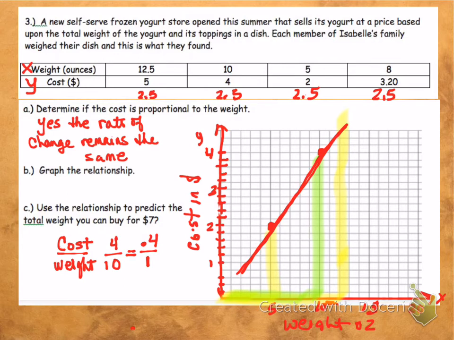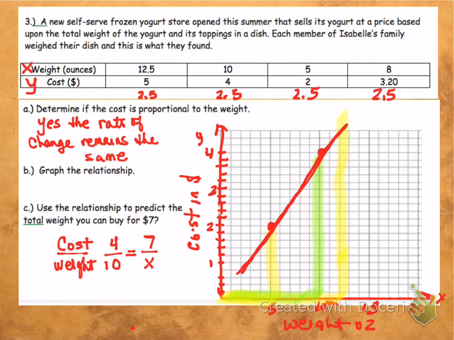And so we want to really look at that relationship in terms of for $7. And we could do that with a proportion. One way to do that is to go back, and you can either take your unit rate or the previous relationship and say, okay, if the cost is $7, then what is the weight that I can buy that way? And you can solve that as a proportion.